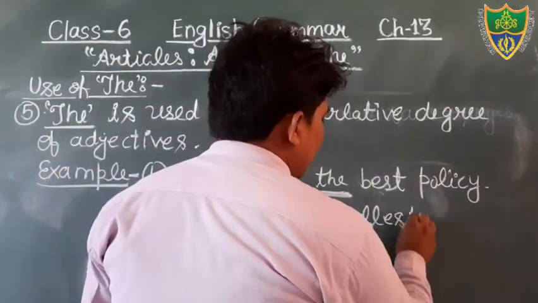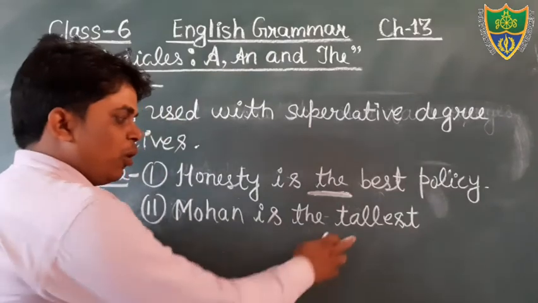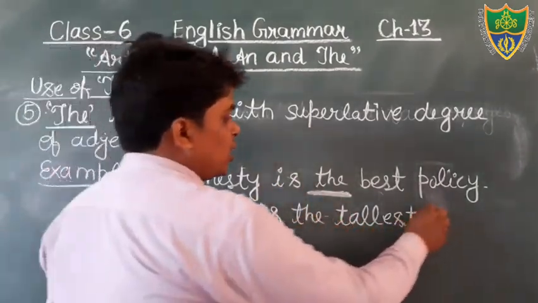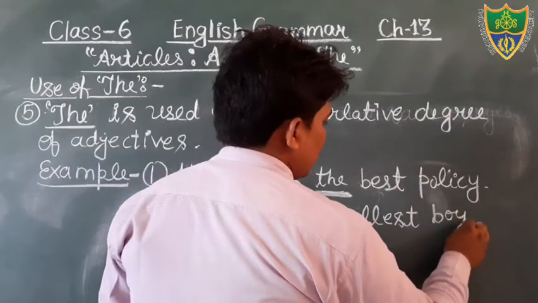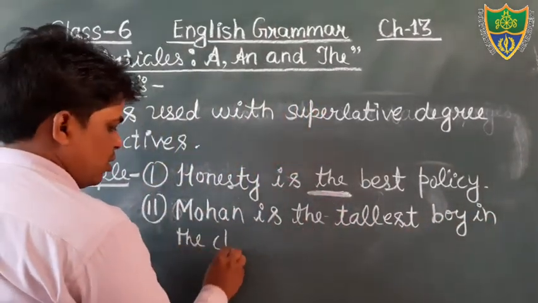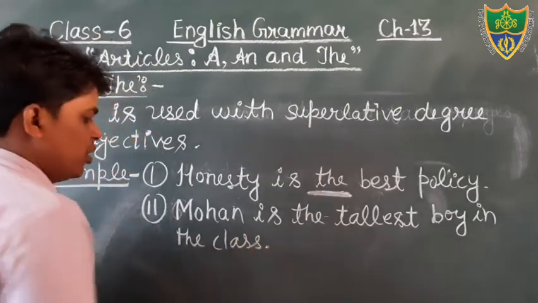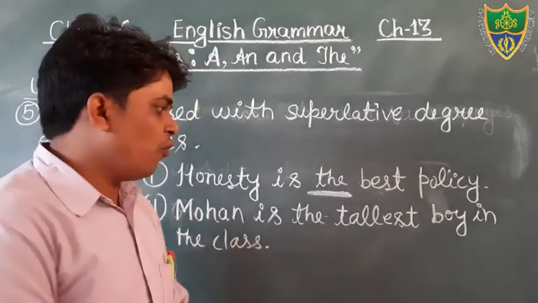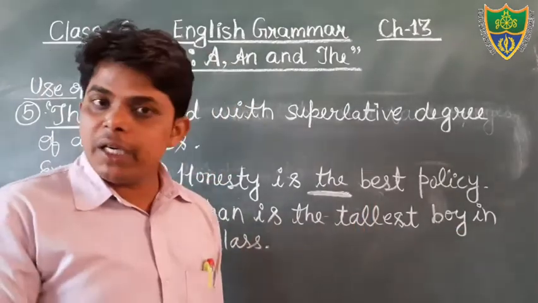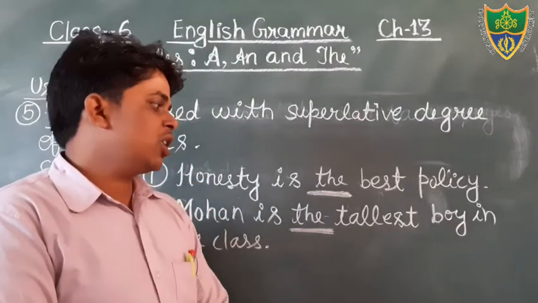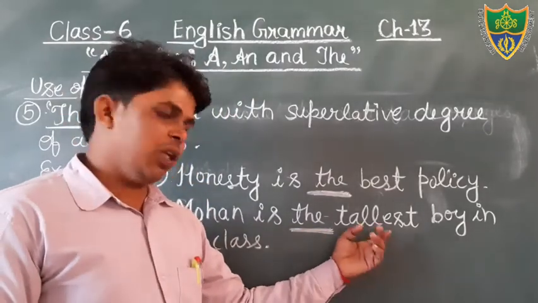Okay, so that is superlative degree. Therefore, we will use the article the before it. Mohan is the tallest boy in the class. Just see, students, Mohan is the tallest boy in the class. So here the word tallest is what? Superlative degree. Therefore, we will use the article the just before the superlative degree, tallest.